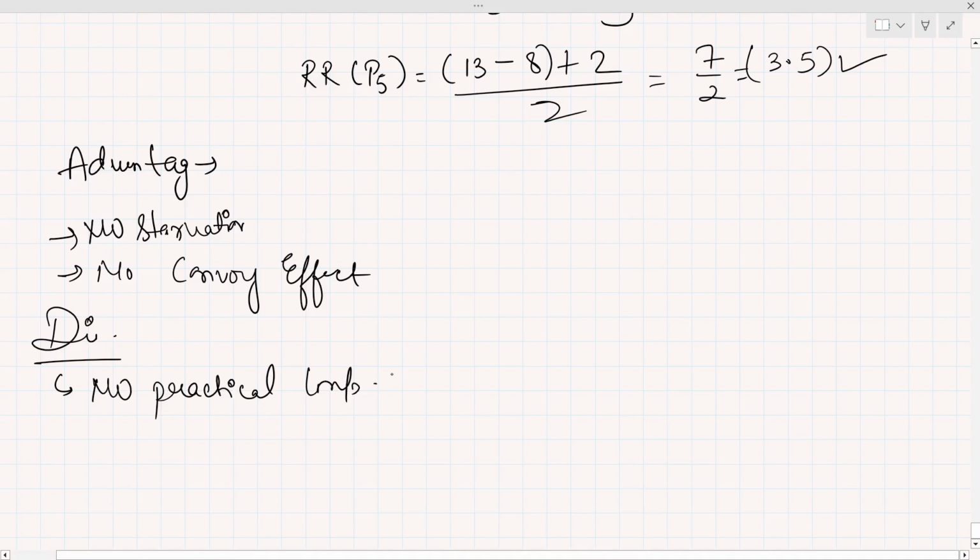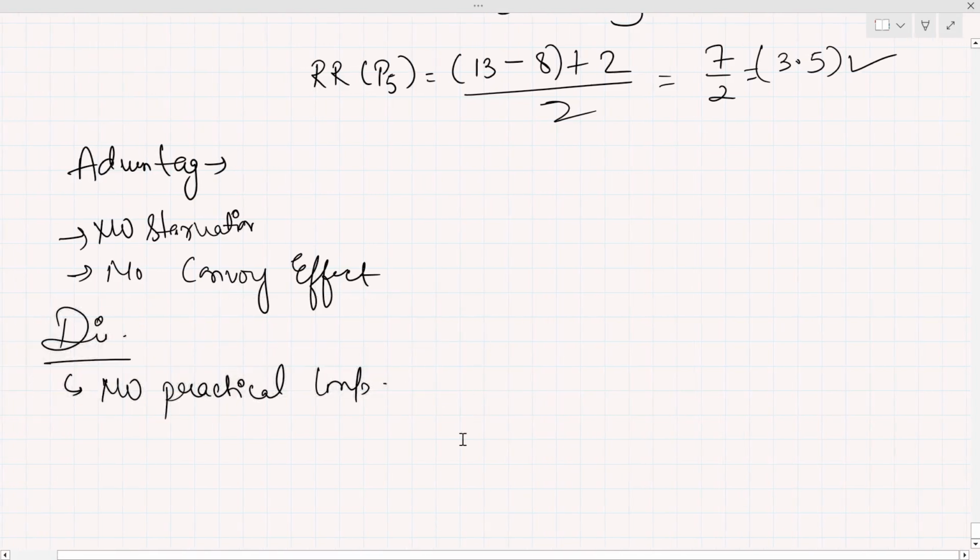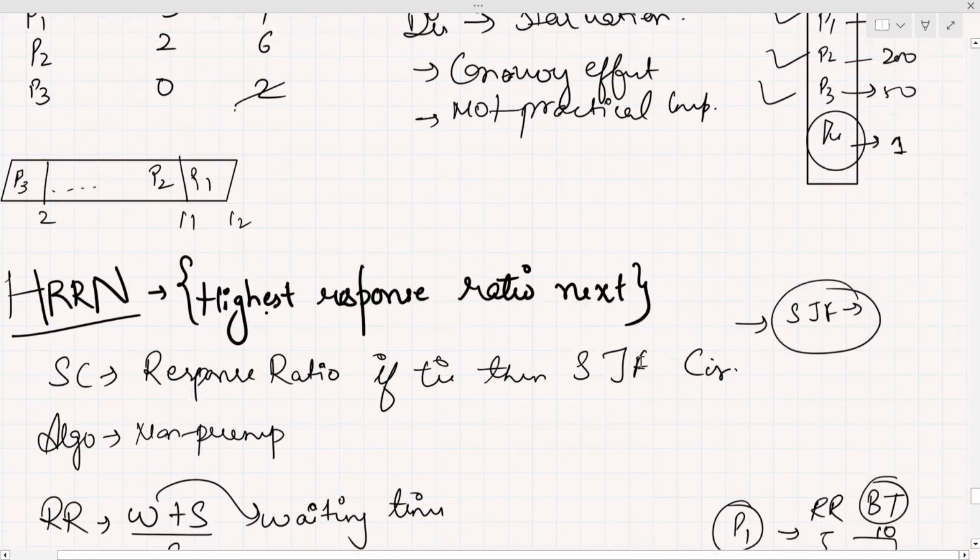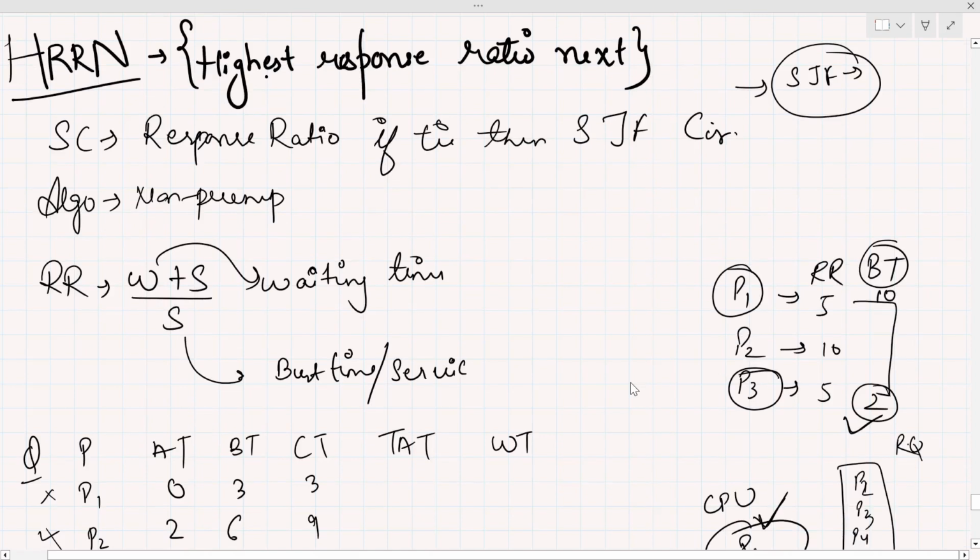Why? Because the operating system doesn't know about the burst time. So this is the disadvantage: no practical implementation. But the advantages are no starvation and no convoy effect. So this is what happens in the HRRN scheduling algorithm.